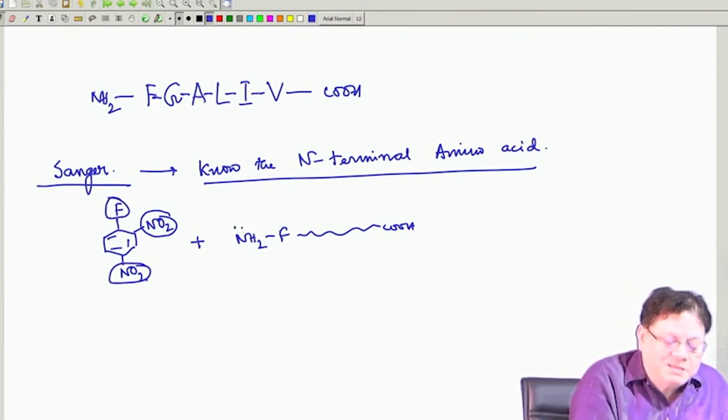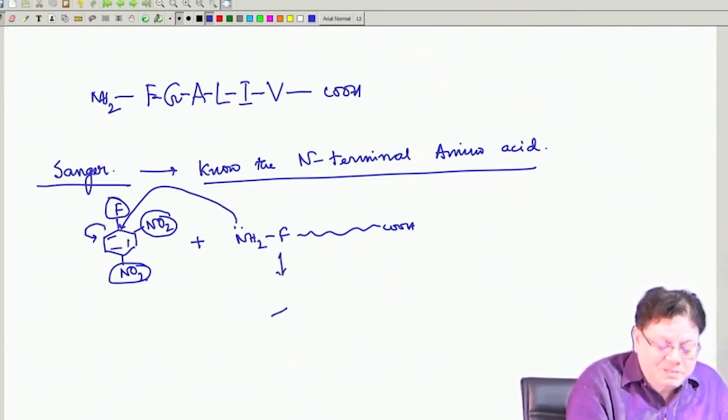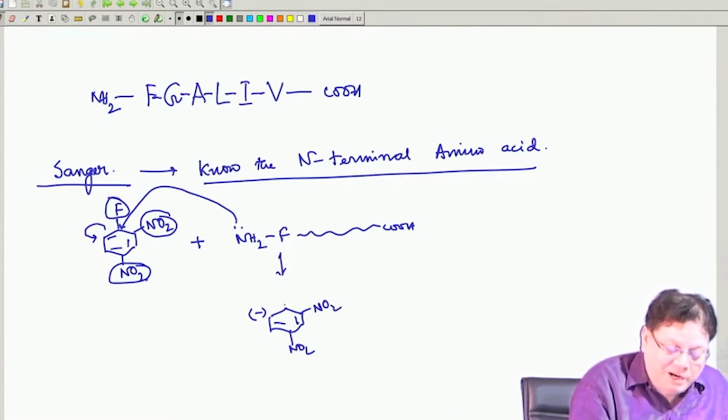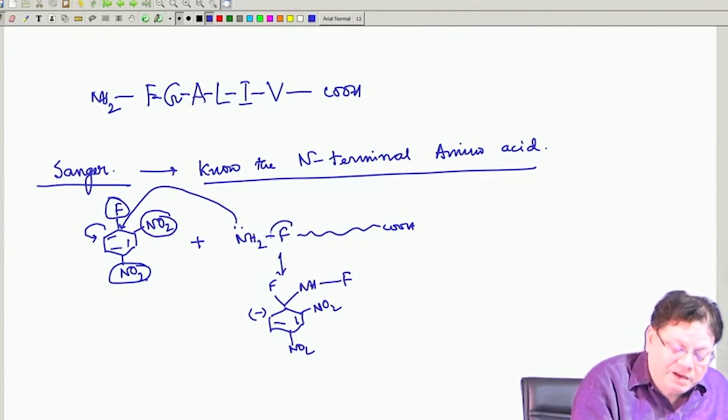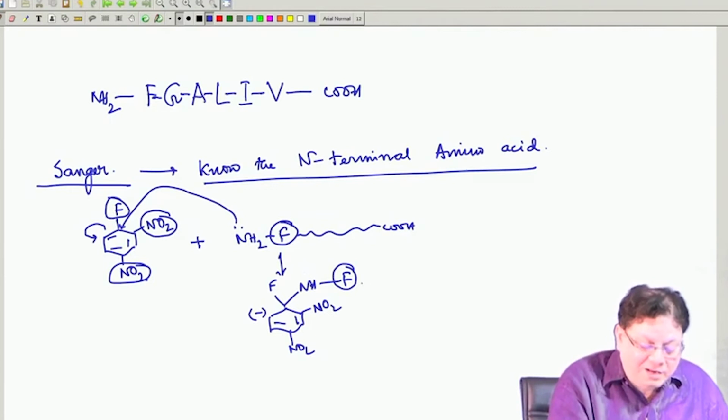So, the reaction that takes place is basically the NH2 attacking this. First you form the sigma complex, that means this, the minus here, and you can always realize why you need those electron withdrawing groups, because this minus is now stabilized by the nitro. So, now you have F and you have this NH, and this is the amino acid, maybe I circle it so that it does not look like fluorine, okay, and then the whole peptide.